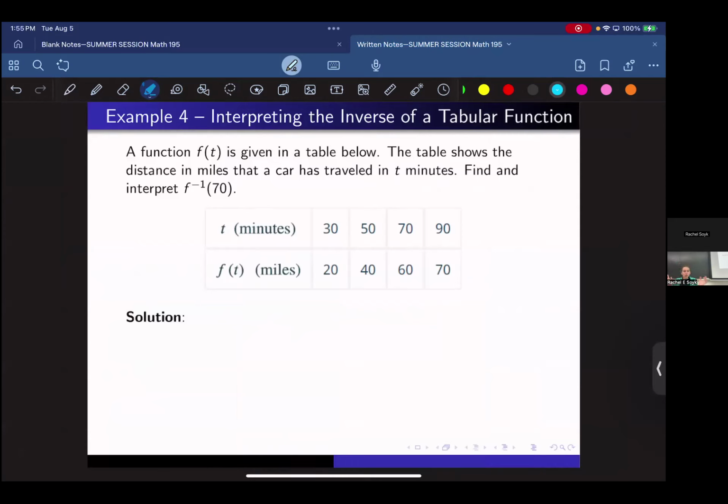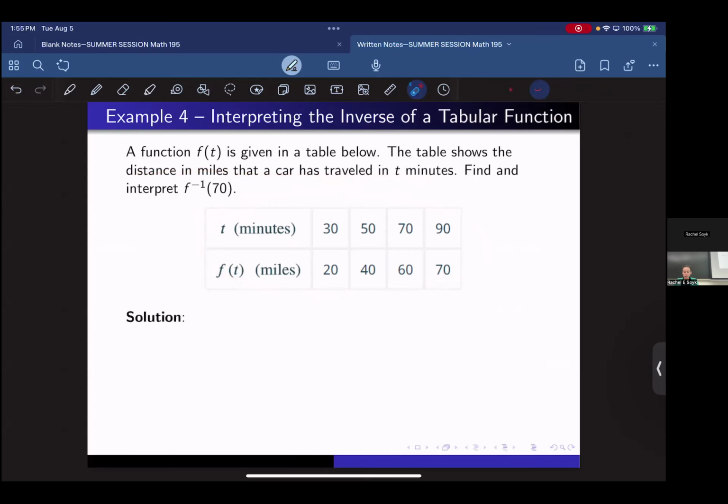And so before we go into that whole restriction of domains, let's look at inverse functions from a table standpoint. So we're given this f of t function, which shows distance in miles that a car has traveled in t amount of minutes.